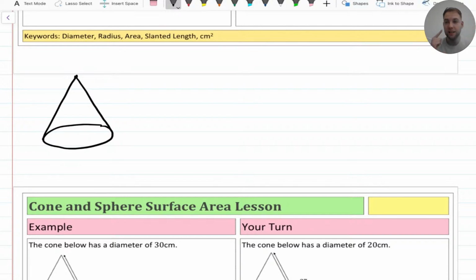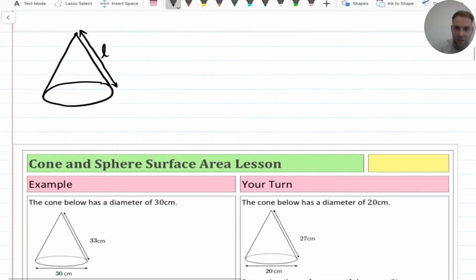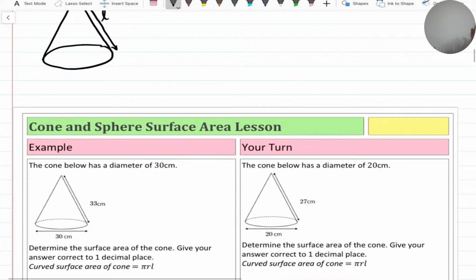Now, we usually say that we ignore the slanted lines to find the volume, but in this one we actually use this value here, which is called L, the slanted line on that cone, and we also need to know the radius here.